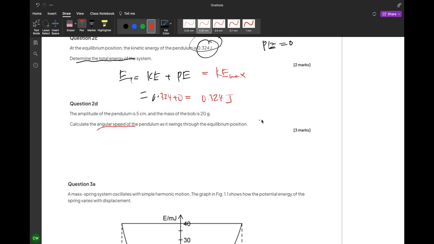Okay, can you get the answer for this one? Angular speed. The amplitude of the pendulum is 5, the mass is 20 gram. Find the angular speed. Let's see who can get the answer.